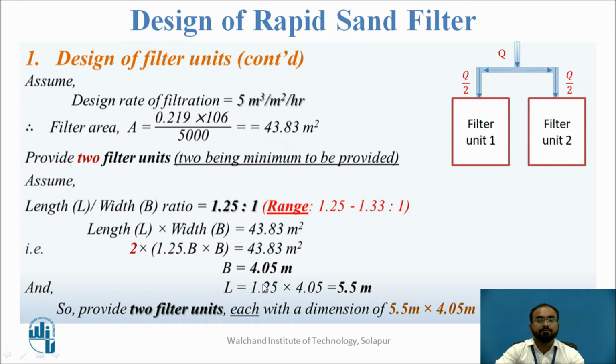So B will come to 4.05 meters, I can also say 4 meters. And length will be 1.25 multiplied by 4.05, which comes to about 5.5 meters. So the size of my filter unit is 5.5 meters into 4.05 meters. I am talking about only one filter unit; the same area will be applied to the other filter unit also.